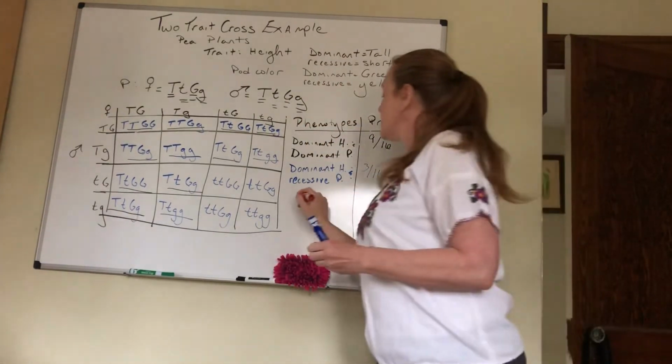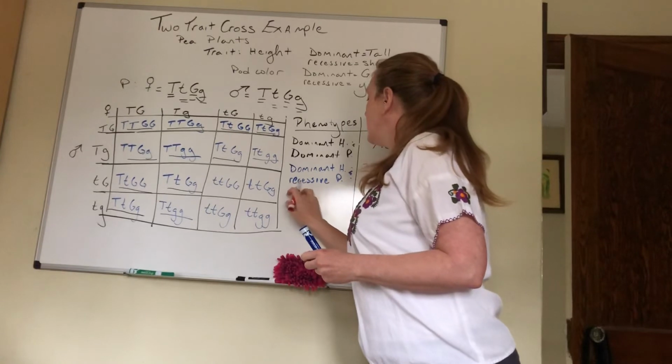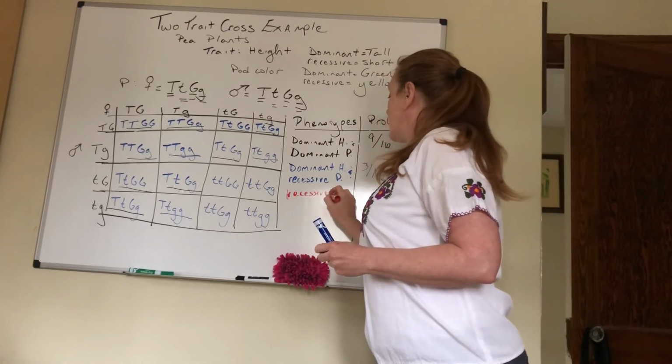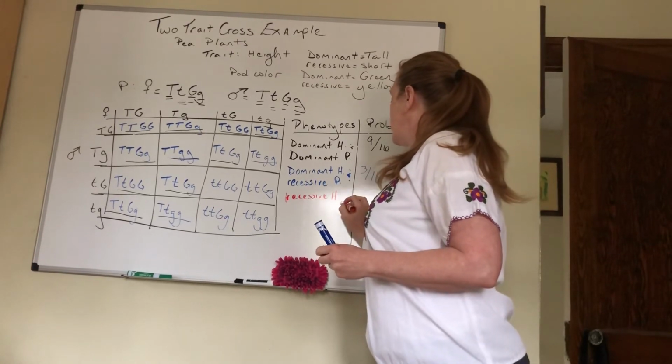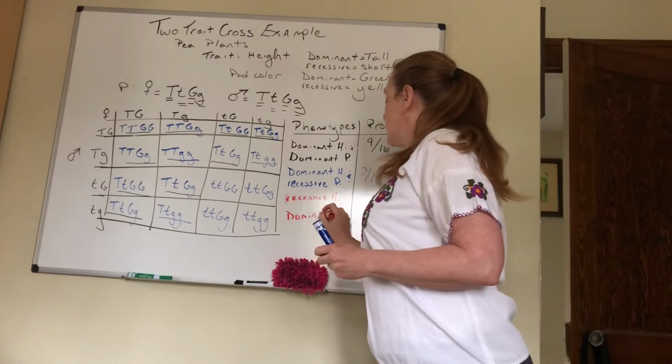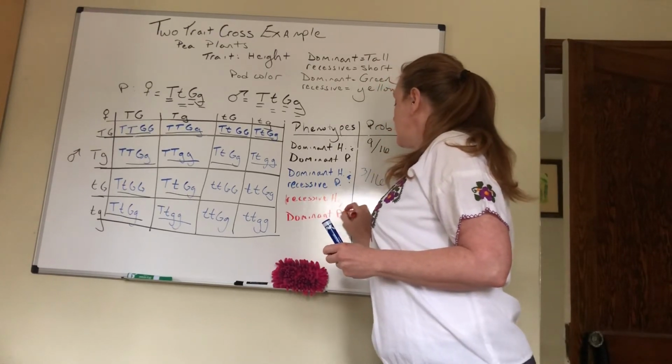My next combination is how frequently will I see the recessive height, being short, and also having that dominant green pea pod.